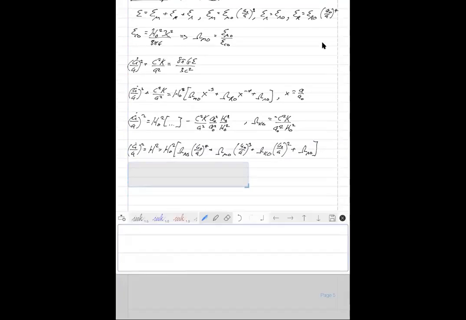So that is our multi-component Friedmann equation.